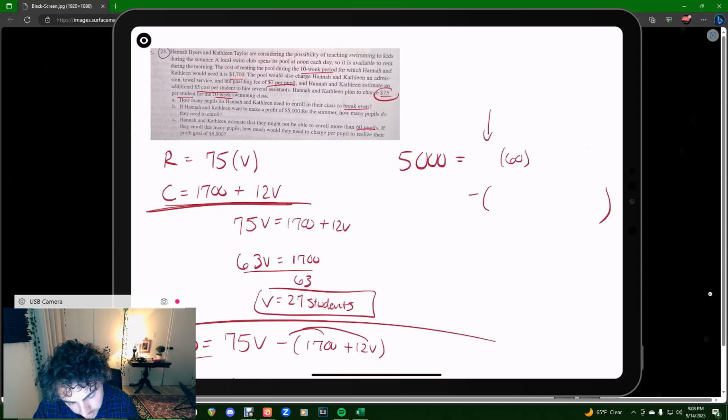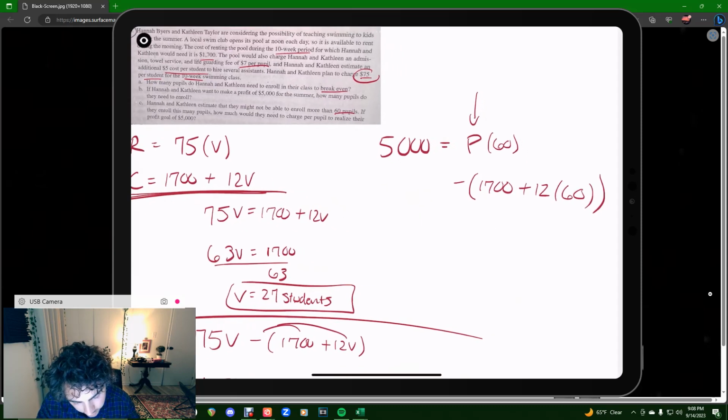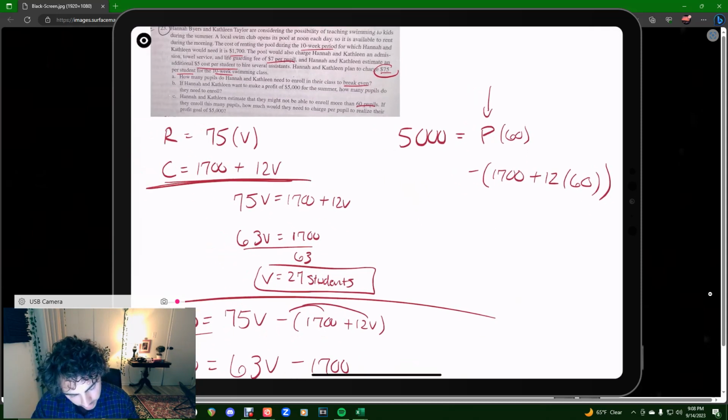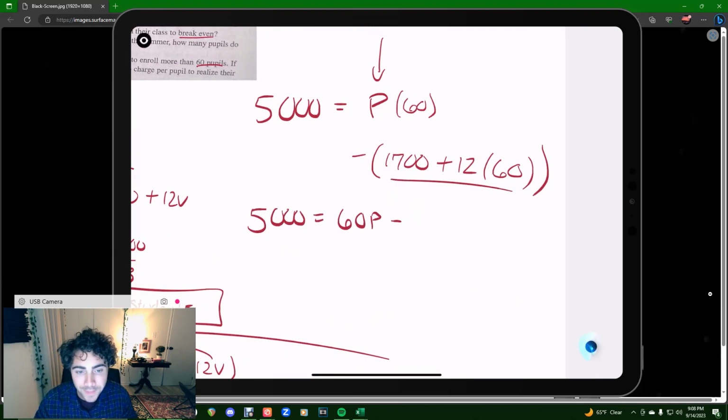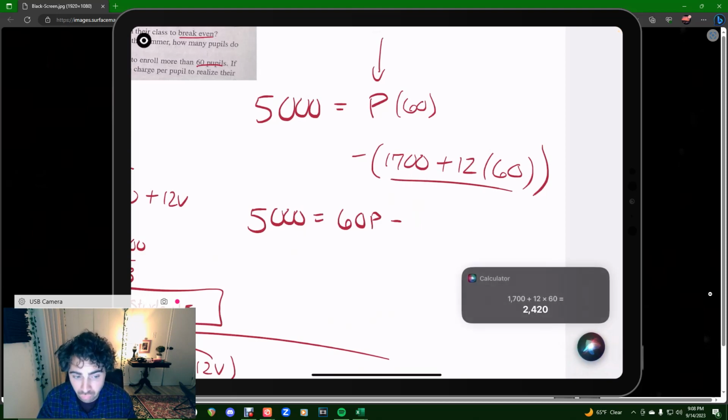So we are getting rid of the 75 and putting a P in its place. 60P is our revenue. We have the 1,700 plus 12V, which in place of V we have 60, so we need to recalculate the cost. We have 5,000 equals 60P minus 1,700 plus 12 times 60. It's 2,420.